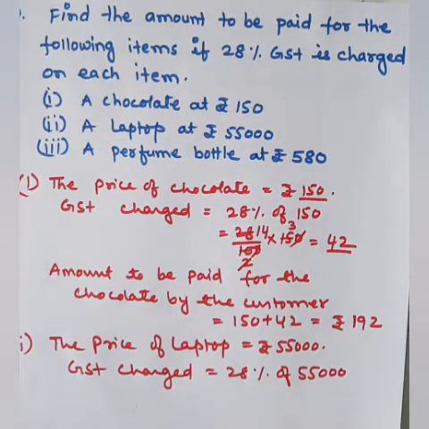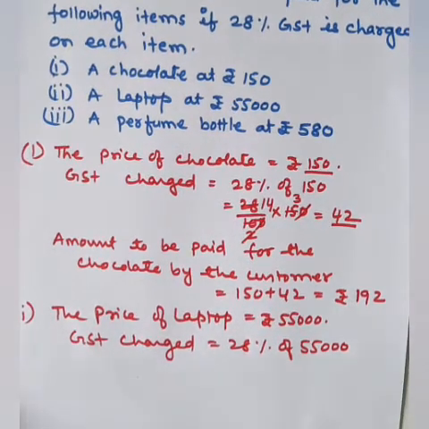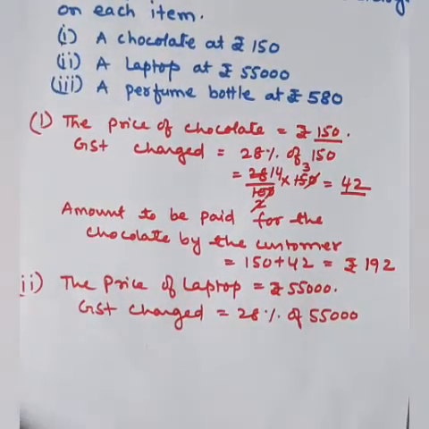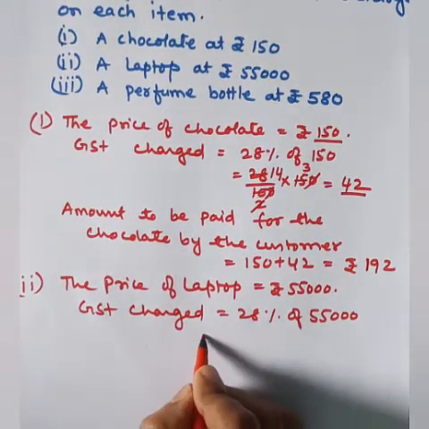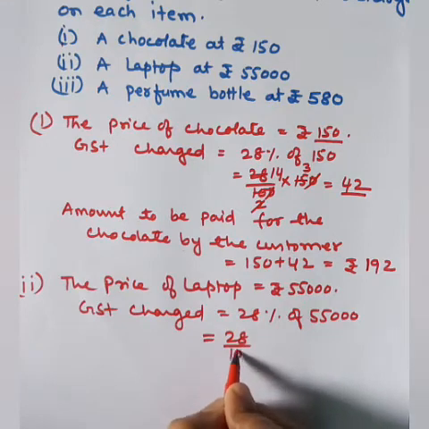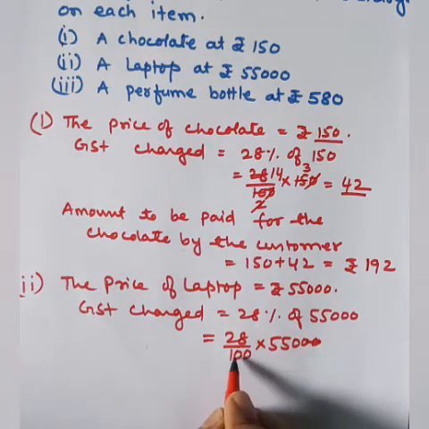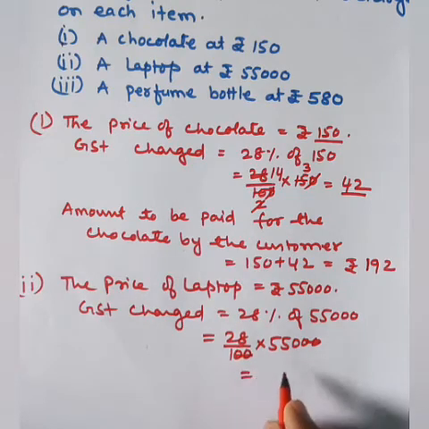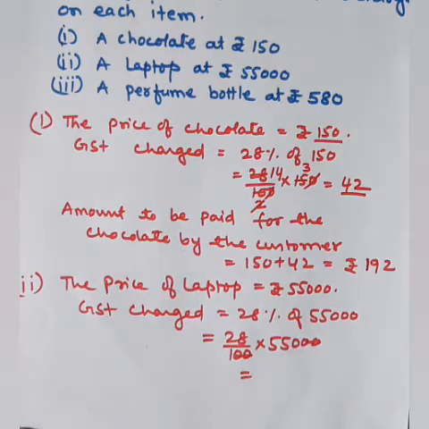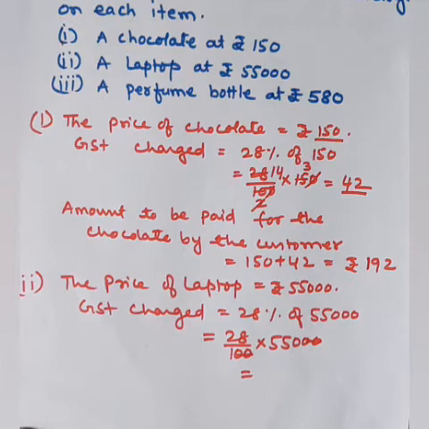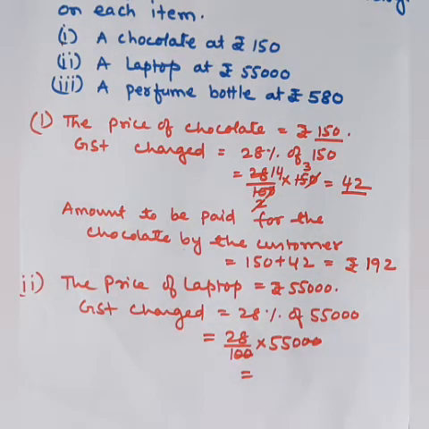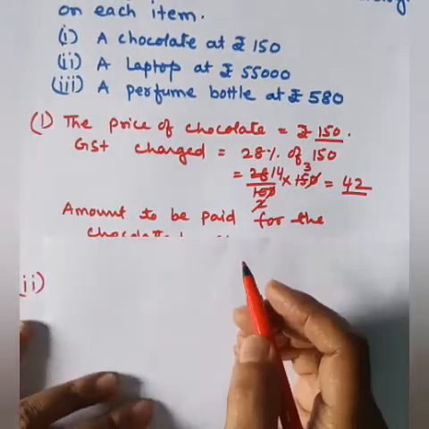So let us calculate what is 28% of 55,000. So 28% of 55,000 means 28 by 100 into 55,000. 2 zeros cancel. Now see, 28 into 55. Let us see how much is it. So 550 into 28.